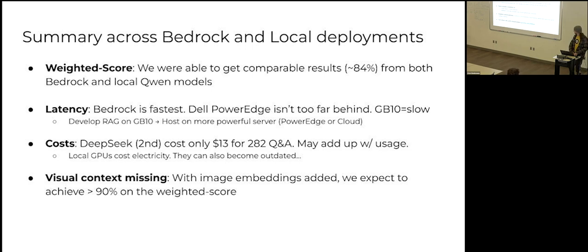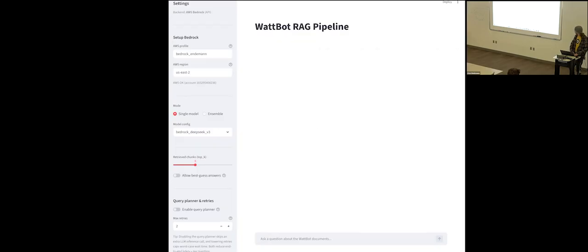If I can just really quick show you, I have a Streamlit app set up so that we can actually host this chatbot system. I can ask, how much energy does it cost to train a large language model?